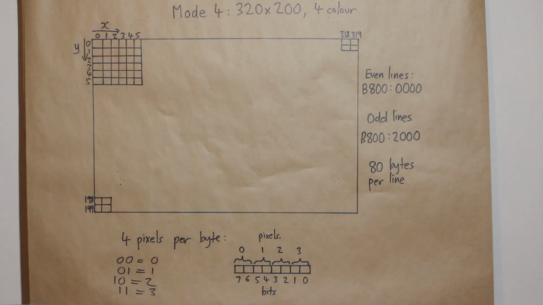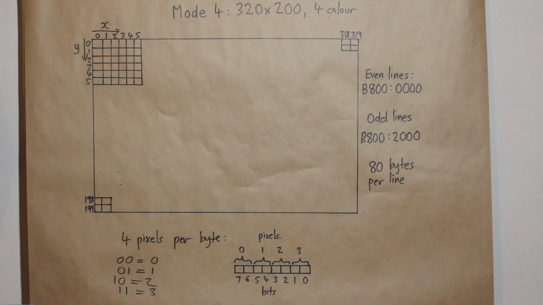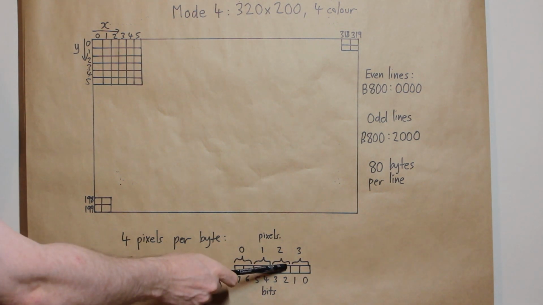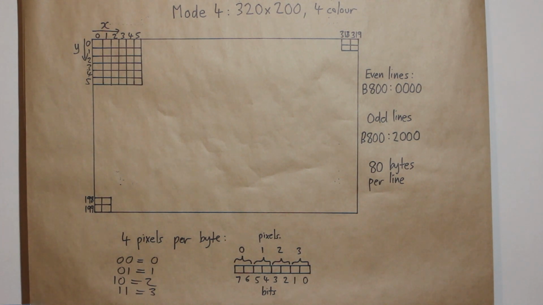And this is just because of the way binary numbers work. So if you put a binary 1 in bit 0, that corresponds to the decimal value 1. If you put a 1 in binary bit 1, then that corresponds to a decimal value of 2, and then 4, 8, 16, 32, 64, 128. So this is the direction that we would normally write numbers. The further you go to the left in a number, the bigger the place corresponds to.